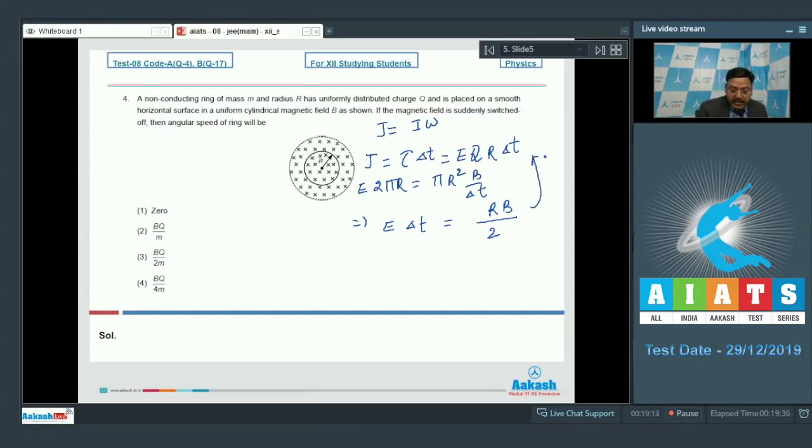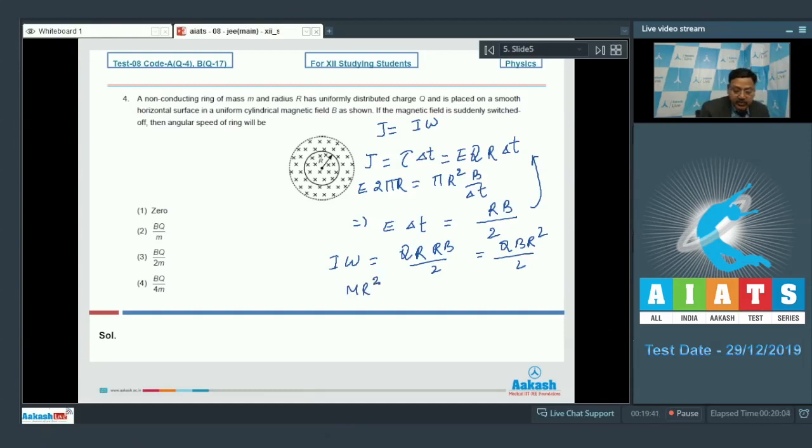So that will give us I into omega, and of course we also equate J with I omega, equals Q R, and E delta t, for E delta t we put R B by 2. So this is Q B R square by 2, and I after all is mr square.